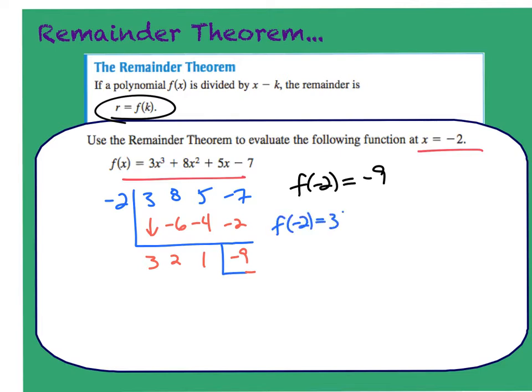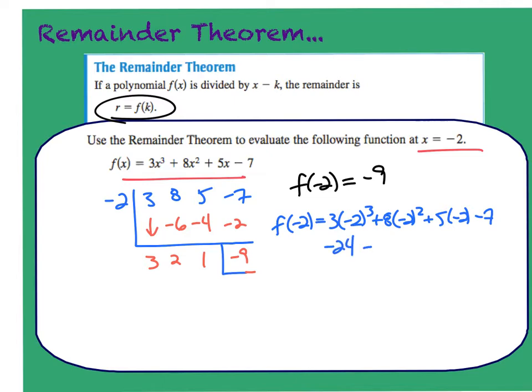So if I have 3 times -2 cubed plus 8 times -2 squared plus 5 times -2 minus 7. What is -2 cubed? -8. -8 times 3 is -24.